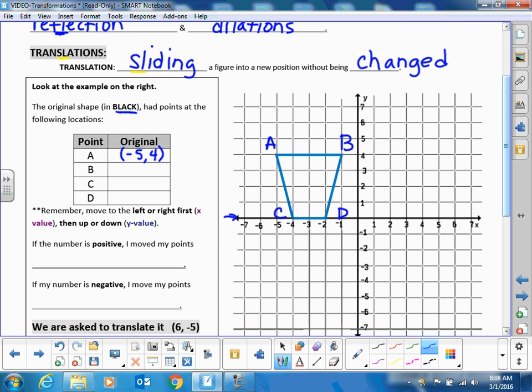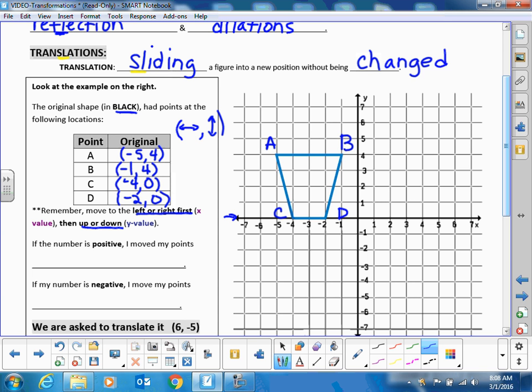And B is at (-1, 4). C is at -4 on the x-axis, so it's 0 up, and D is (-2, 0). I just put a little reminder: remember to move left or right first, that's your x value, and then move up or down, your y.